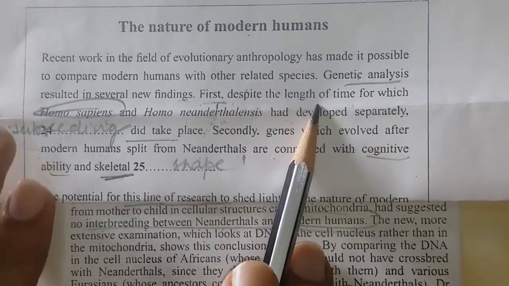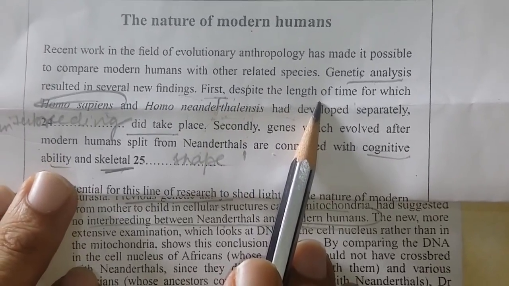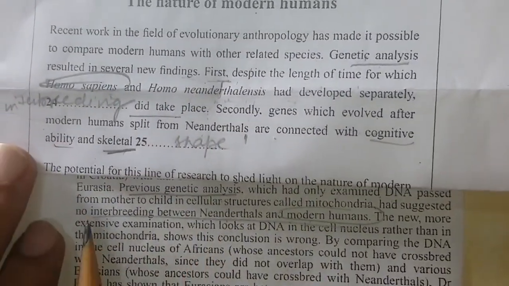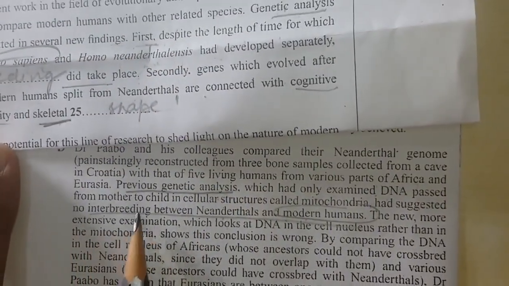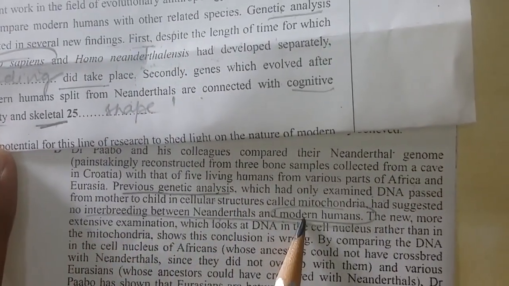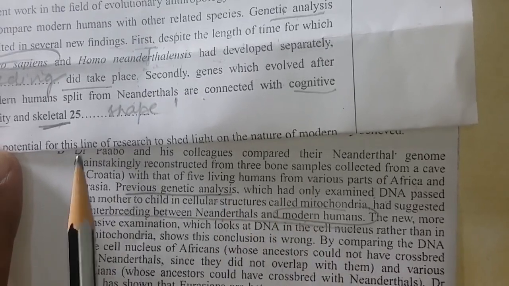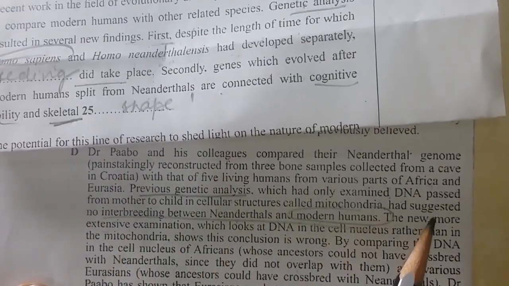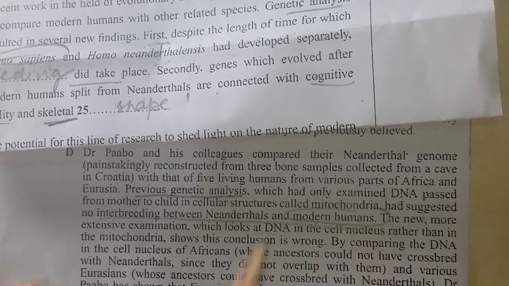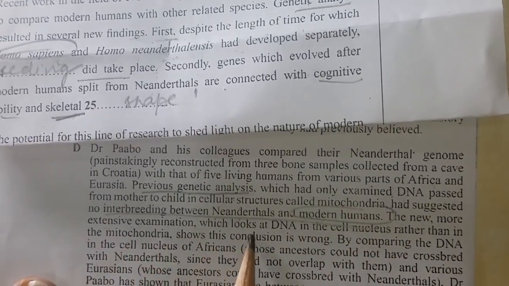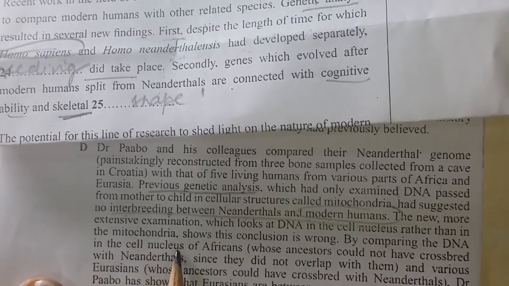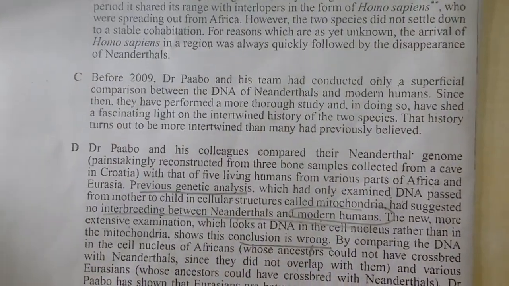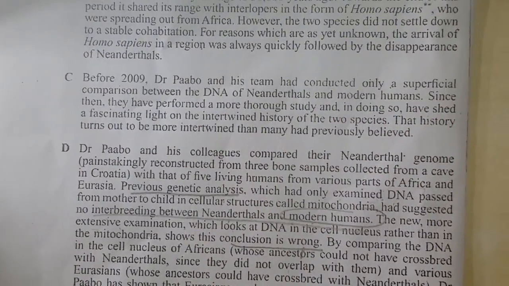Naturally, despite the length of time for which they developed separately, it suggests no interbreeding between this and this. But the new, more extensive examination, which looks at the DNA of the nucleus rather than in mitochondria, shows this conclusion is wrong. Got it?